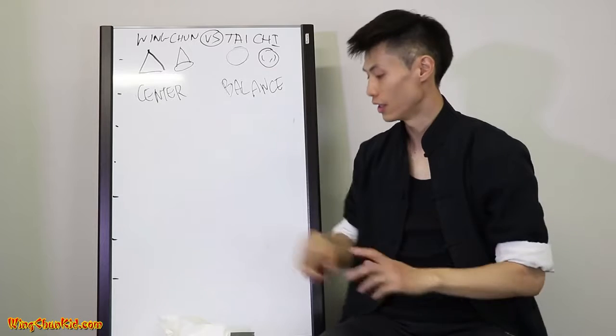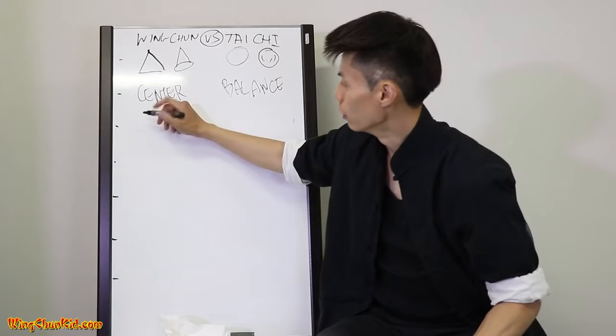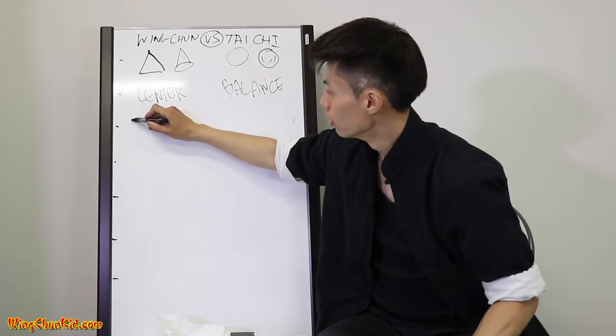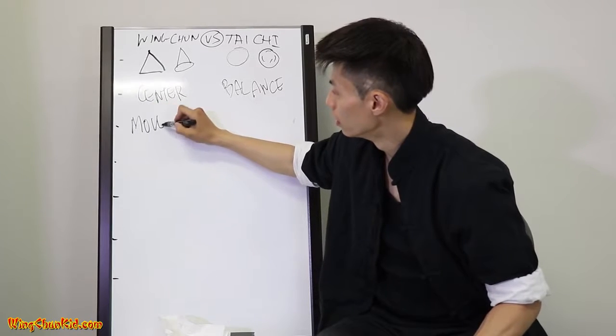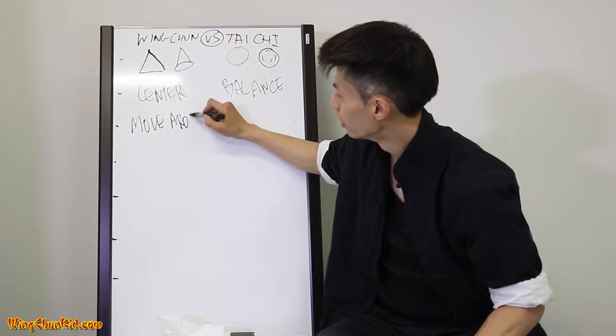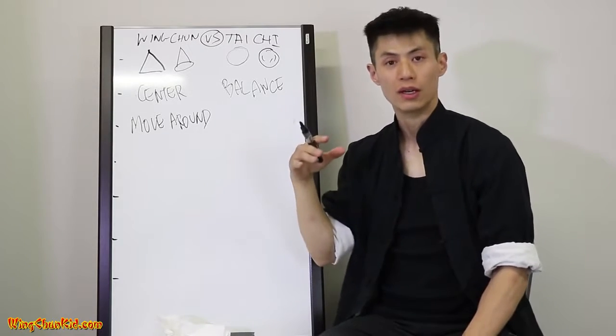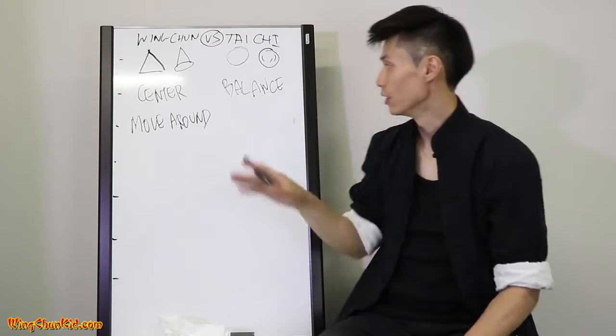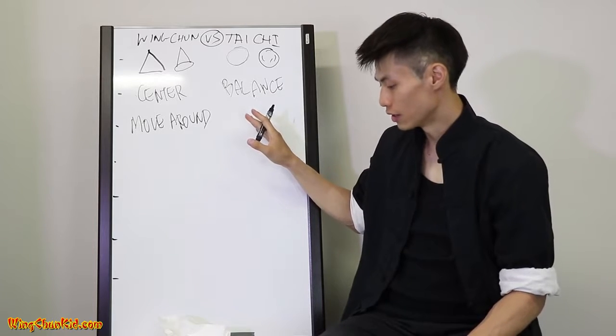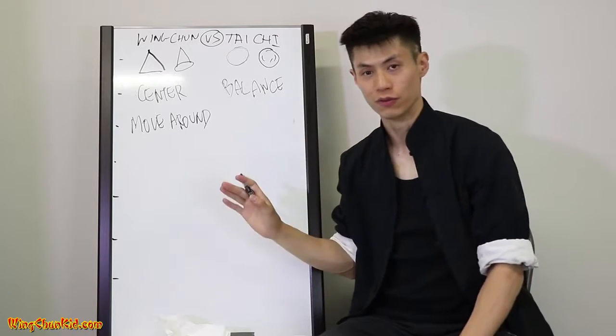So basically what Wing Chun does is they will move around the incoming force to go back and attack the center. Now what Tai Chi does is it dissolves the force.